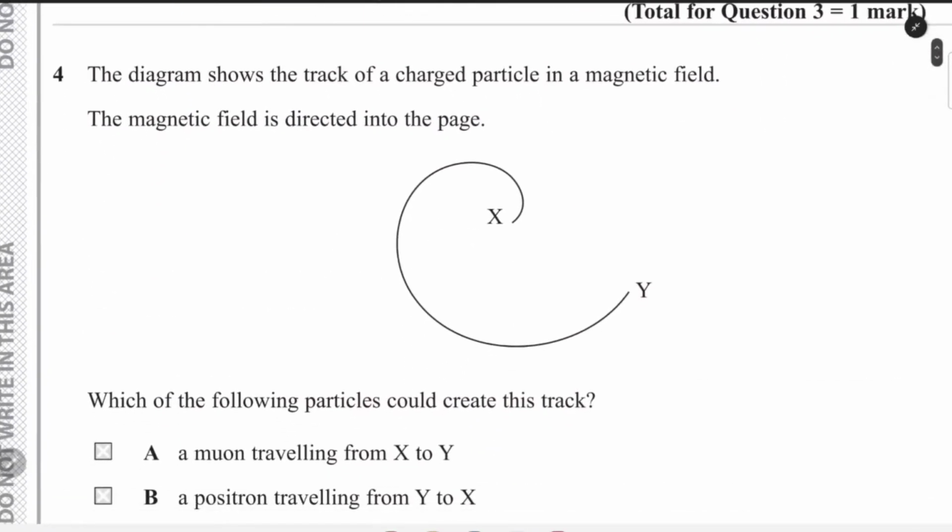Now in question 4, we are given a magnetic field directed into the page. So this is the magnetic field into the page. We denote anything that's going into the page with crosses. So think of it like a dart. A dart has a pointy end on this side and a cross looking thing on the other.